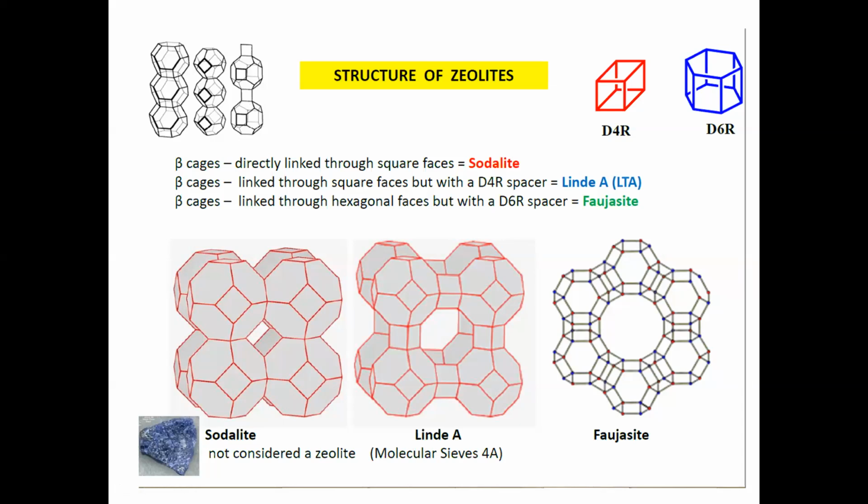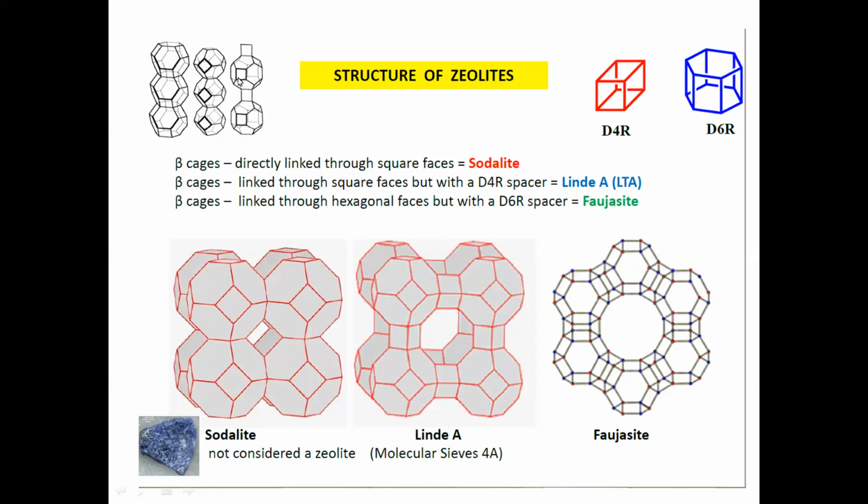Now if you combine them by different linkers, for example, on the right hand side, you see the linkers. If you look again at the left hand side top, third one, it looks like a square is connecting two alpha or beta cages. This is not the case.